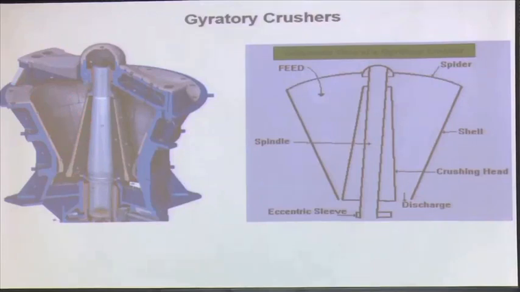Because of that, they get broken, and until all the particles are finer than this gap, they will still be under stress and will be broken. So, it is very difficult to control the sizes. The topmost size you are controlling, but the finest sizes are very difficult to control, and that is the trick: how do I do it? Okay, that I will tell.